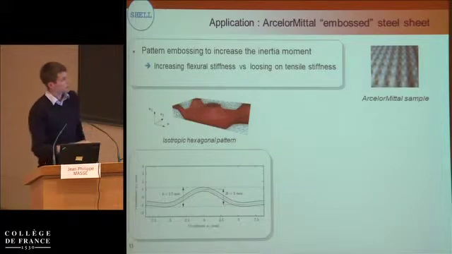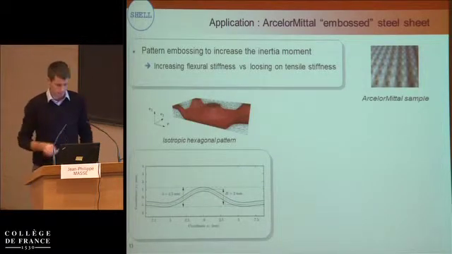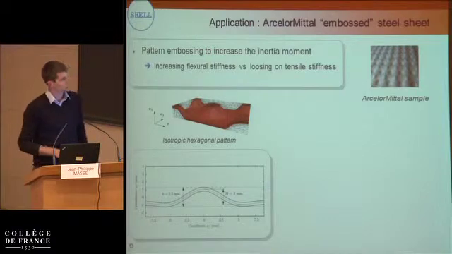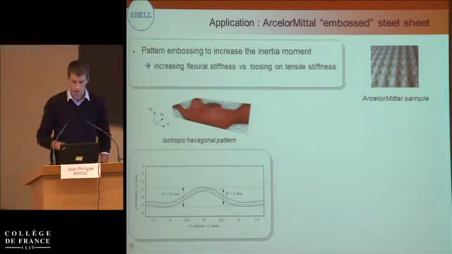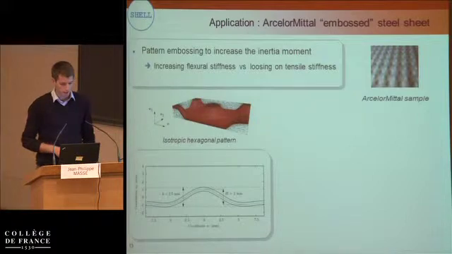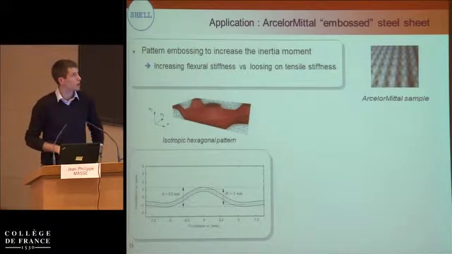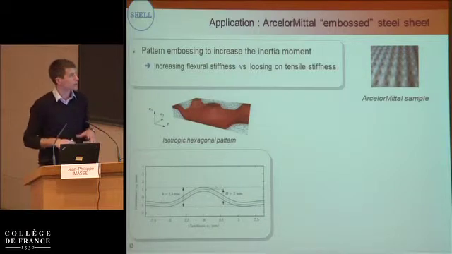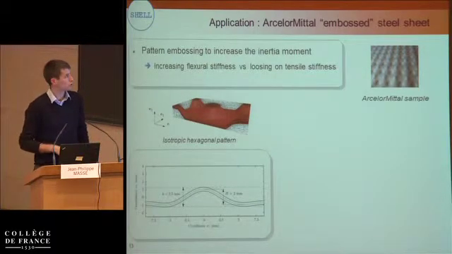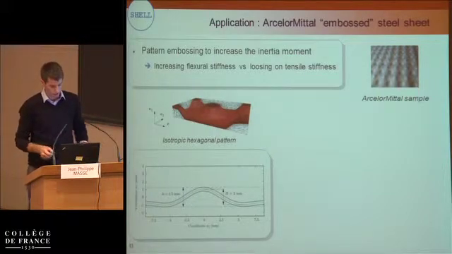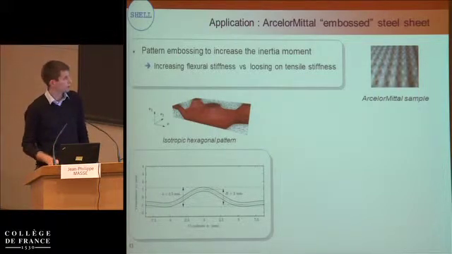This is an example that Jean-Philippe showed this morning about embossed steel sheet. Here we are starting from a given hexagonal embossed structure, which gives an isotropic stiffness response.